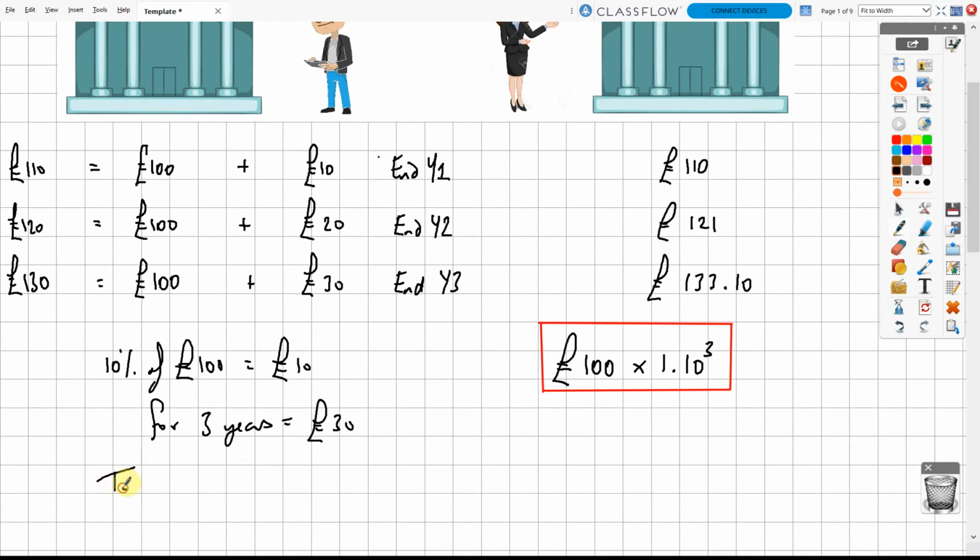And so the total that he has is the £100 that's been sitting in the bank all this time, and the £30 which has grown in his pocket. He's up to £130. So although compound interest leads to more complicated numbers, often the calculation that you do is a little bit less long-winded.